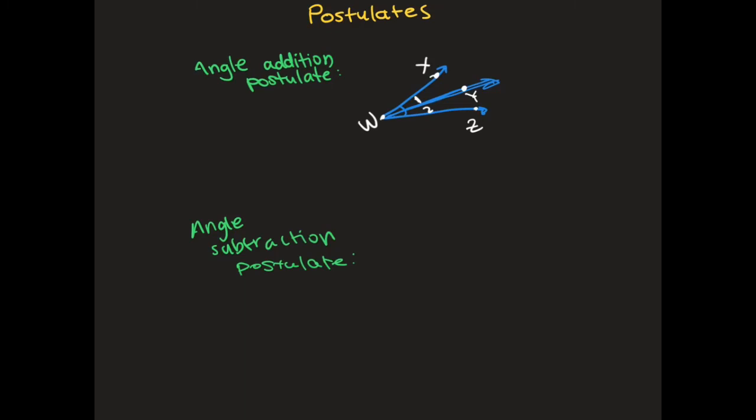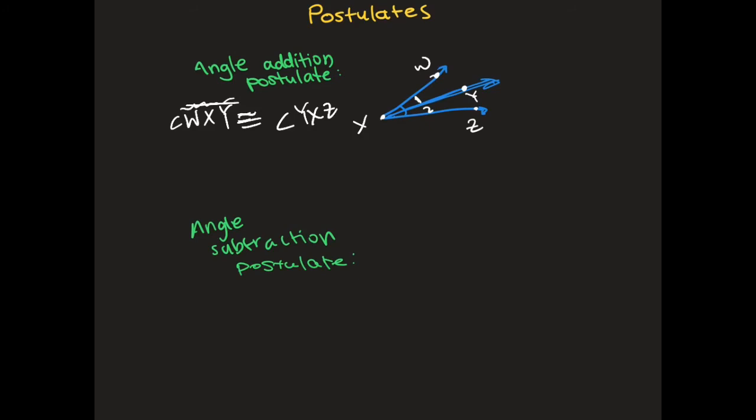Let me label this a little differently: X over here and W over there. What we know is that angle WXY is congruent to angle YXZ.